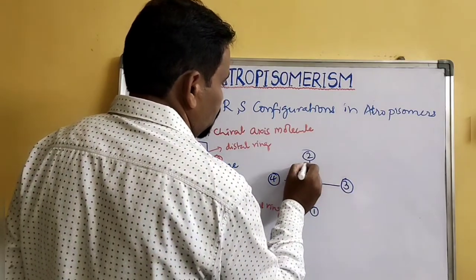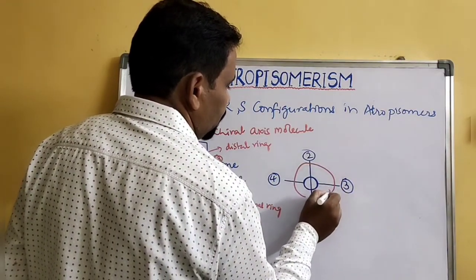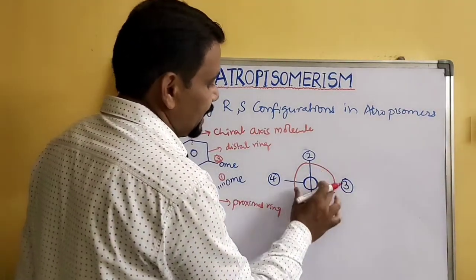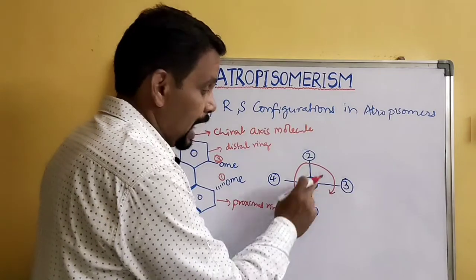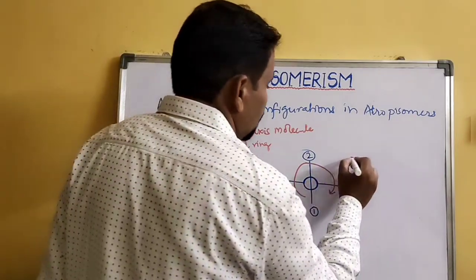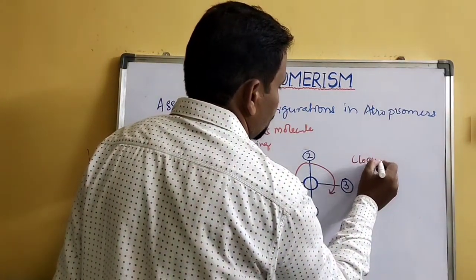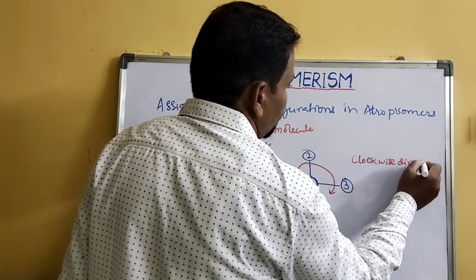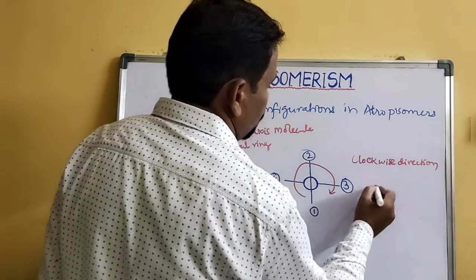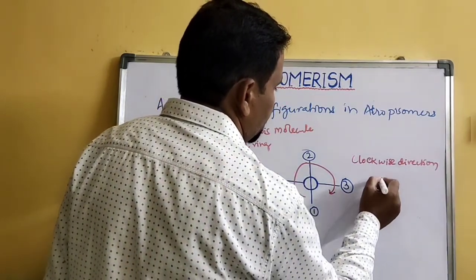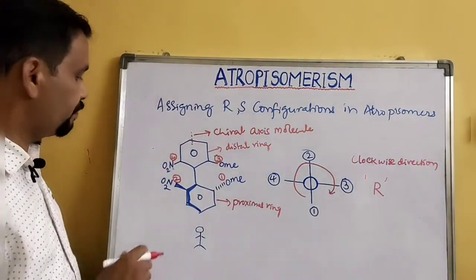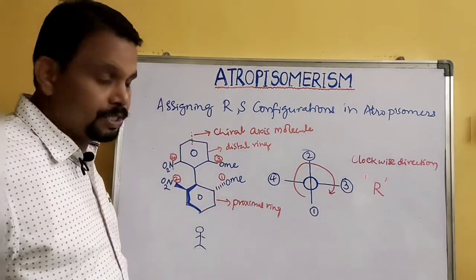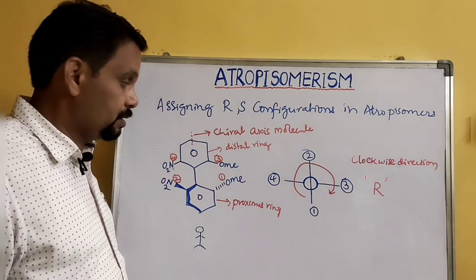The path shows the clockwise direction, so it is the R configuration. The configuration of this biphenyl system is R configuration.